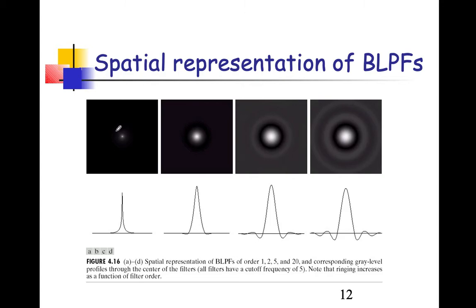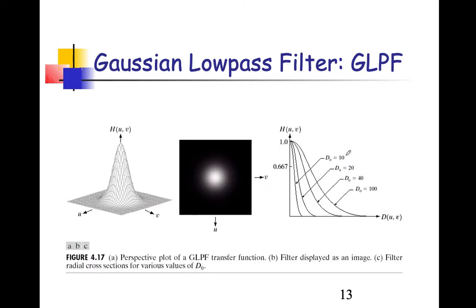For this particular spectrum, this is the output, and for this particular image spectrum, this is the plot we will get. Basically, it looks like a Gaussian filtering method. This is the output for this particular image with different cutoff frequencies.